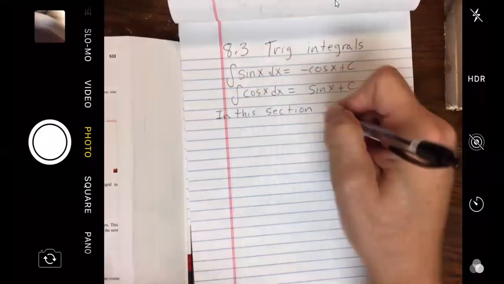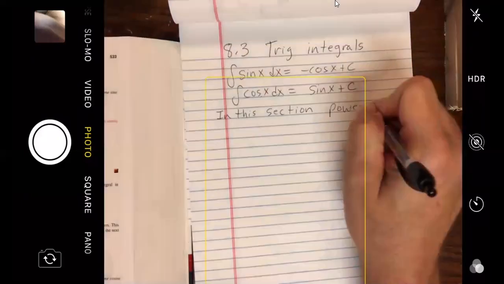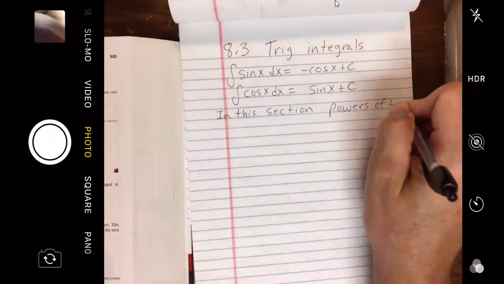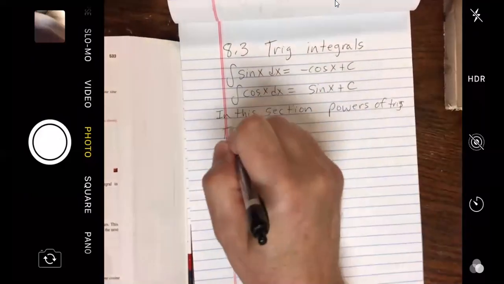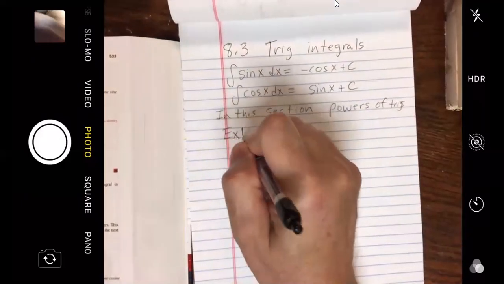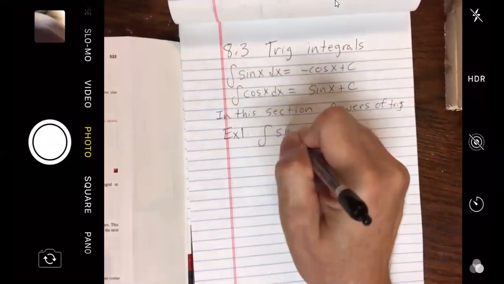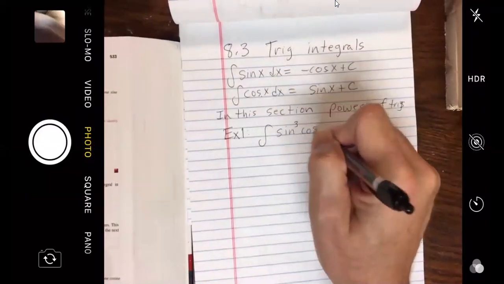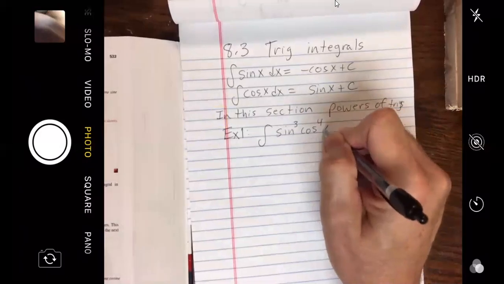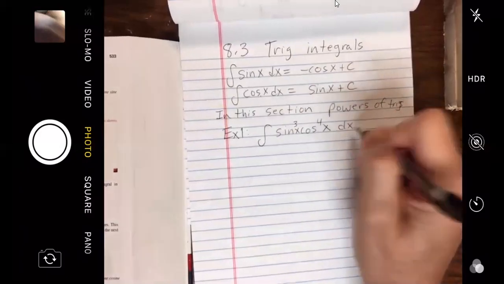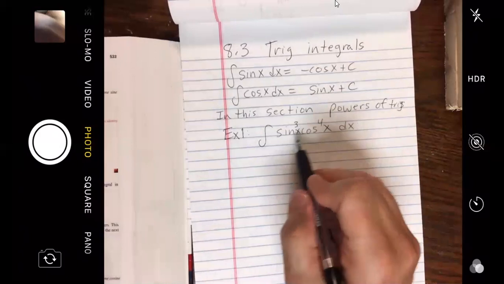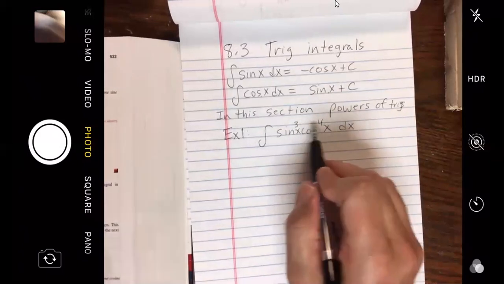All right, but in this section, you get powers of trigs. Example, I'll just write down example 1. Integral of sine cubed cosine fourth x dx. So you can have arbitrary, you'll have products of these and arbitrary powers.